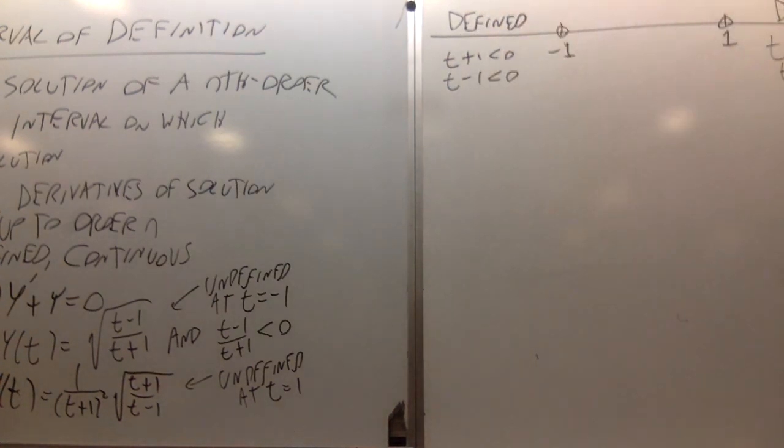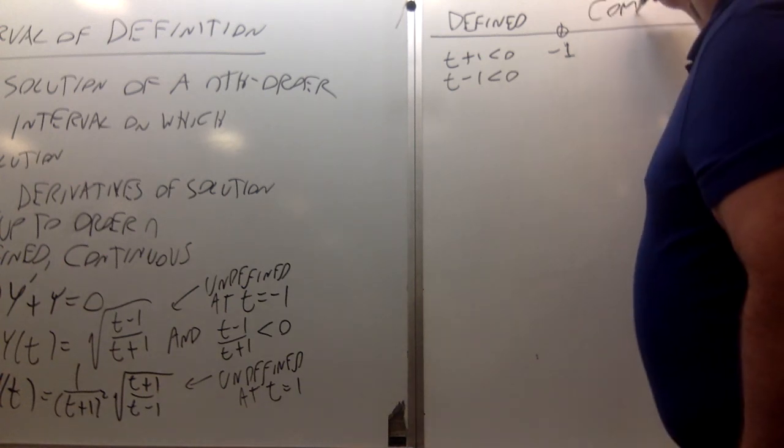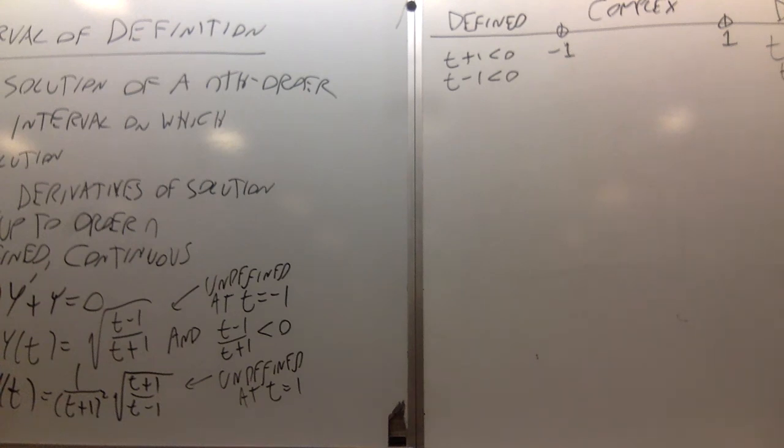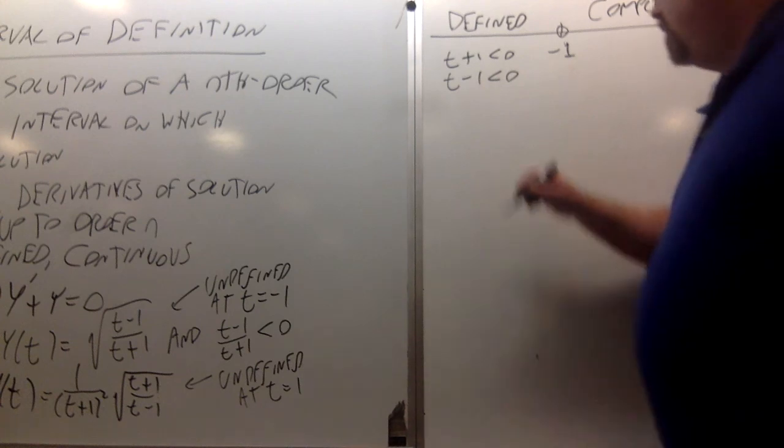What happens in between? Signs are different. Therefore, what? Undefined, because it's a square root of a negative number. So in other words, if we want a real value solution, we're not going to get anything in here. If you're okay with a complex value solution, then okay. But we're concerned with real value solutions.